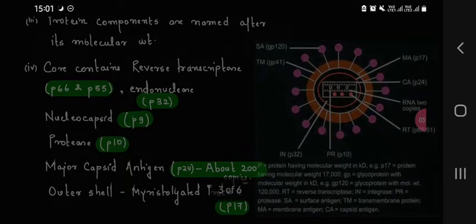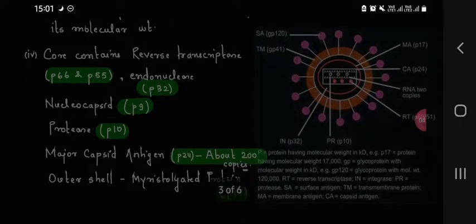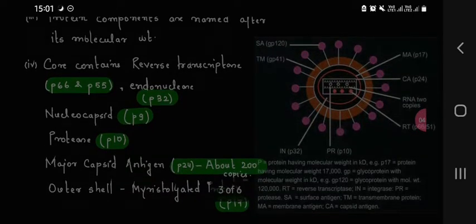The core contains reverse transcriptase P66 and P55, endonuclease, nucleocapsid P9, protease P10, and major capsid antigen P24, about 200 copies. The outer cell has myristoylated protein P17, with molecular weight 17,000. GP is glycoprotein with molecular weight in kilodaltons; GP120 is a glycoprotein with molecular weight 120,000.